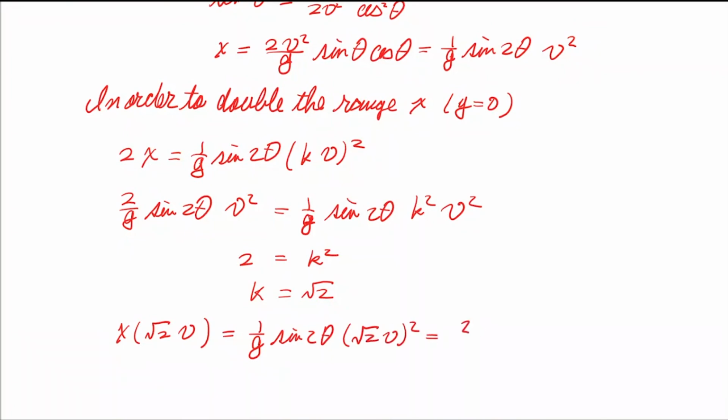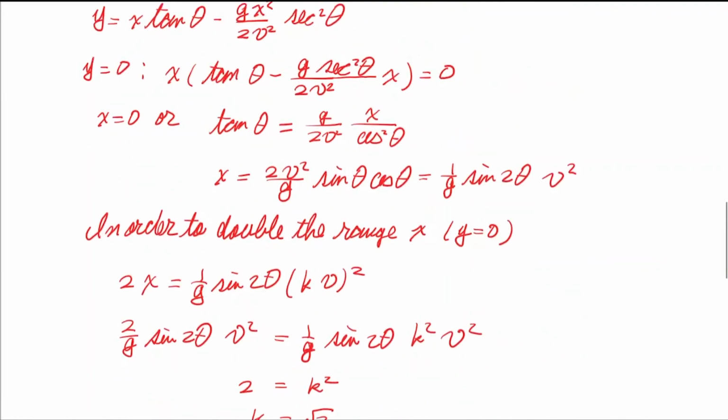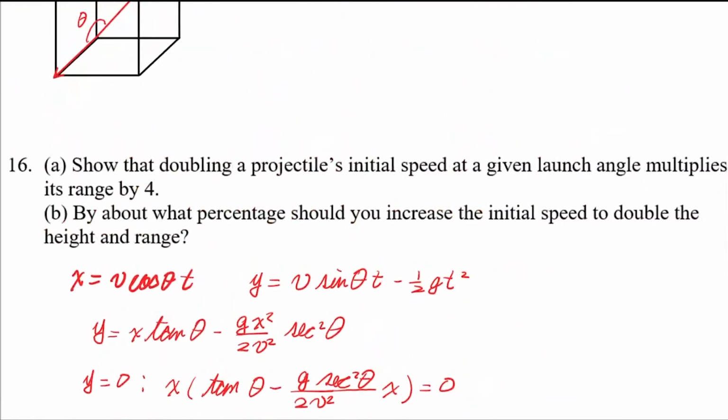And that just doubles everything. See, this is exactly double as before, right? So we want square root 2 times more. And of course, square root 2 is 1.414. So our answer should be, let's do it in percentage, 41.4% more, right? Because the question says, what percentage should you increase?